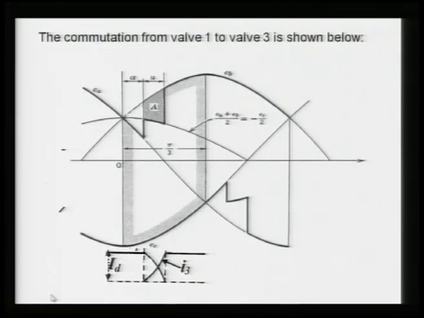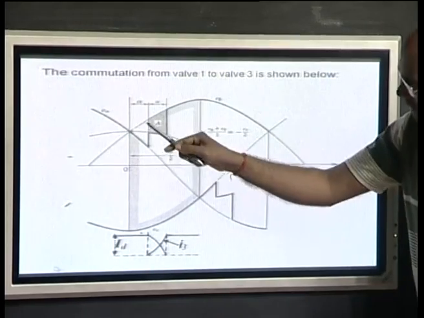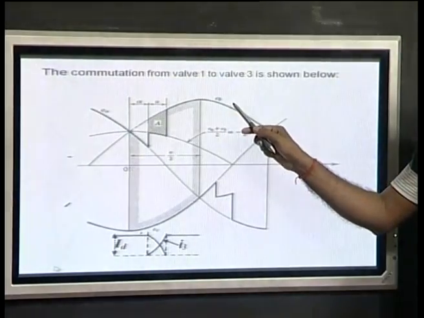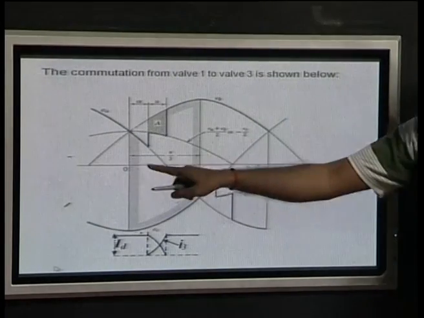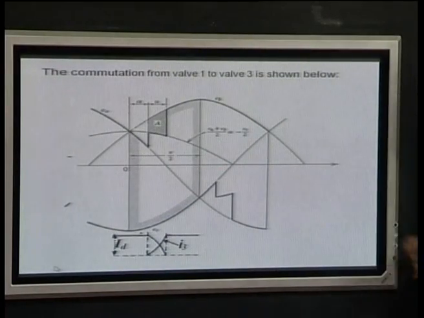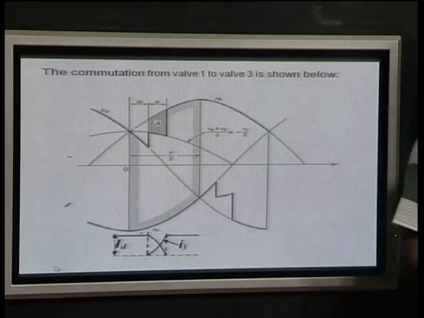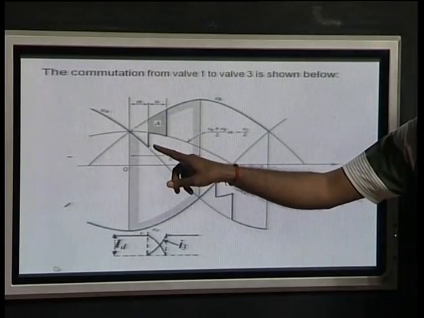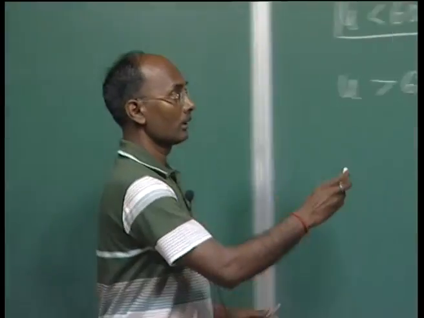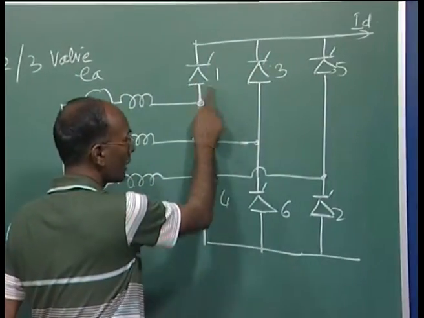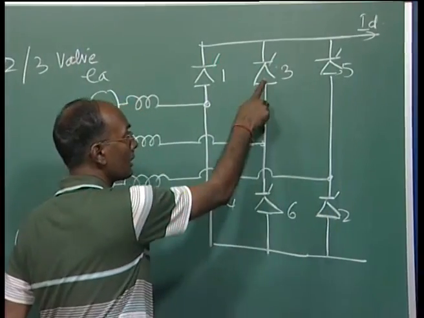Here if you see the conduction pattern, this is the EB voltage, and EA means the commutation voltage of valve 3 starting from this angle 0. Now I have delayed by this angle alpha, and once alpha comes, before that valves 1 and 2 were conducting, now 3 is given a pulse.